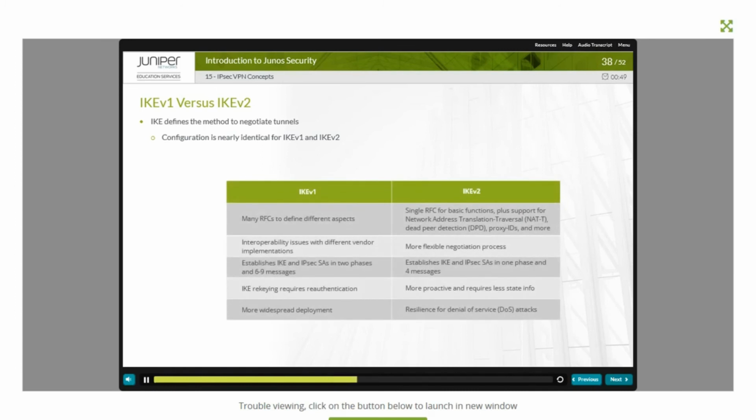IKE-v2 uses 4 exchanges for negotiation and does not have 2 technical phases like IKE-v1. The IKE-v2 Child Security Association is known as a Phase 2 Security Association in IKE-v1. These message exchanges are discussed in more detail later in the module. Support for IKE-v2 was added as of Junos 11.3R1.